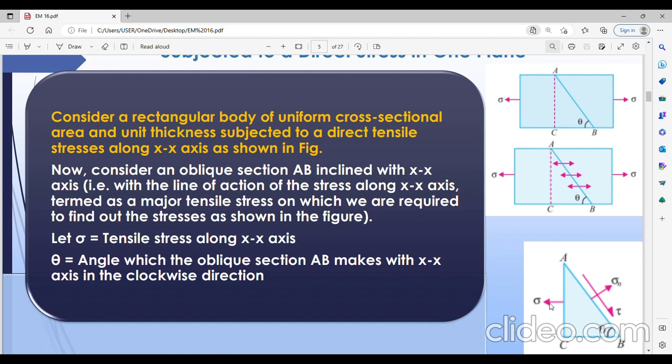Sigma n is the normal stress, as I have explained in the theoretical class. Tau is the shear stress. When we cut an oblique section, there will always be a shear stress. So tau is the shear stress, sigma n is the normal stress, and sigma is the principal stress acting on the body. This is the first condition which we discussed in the previous class.